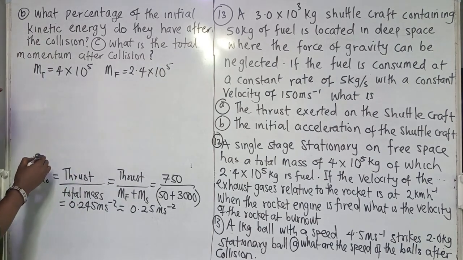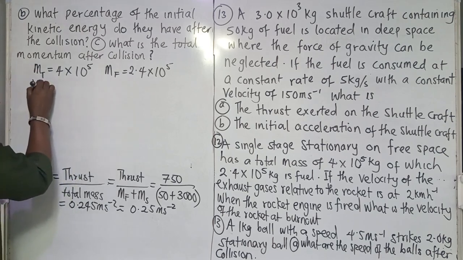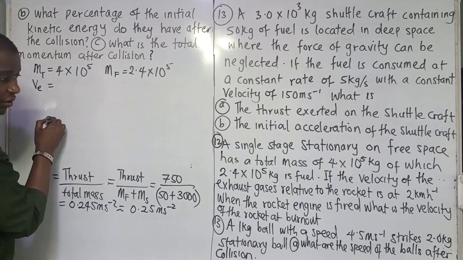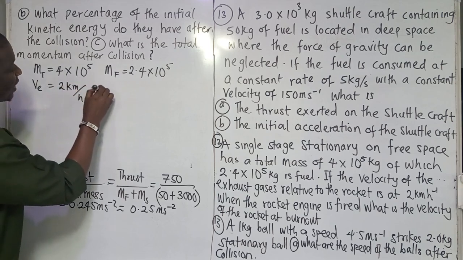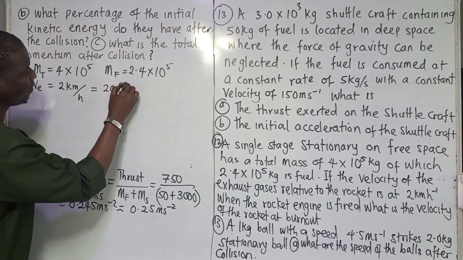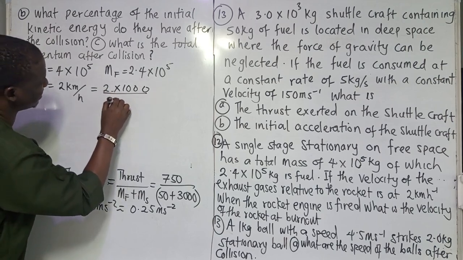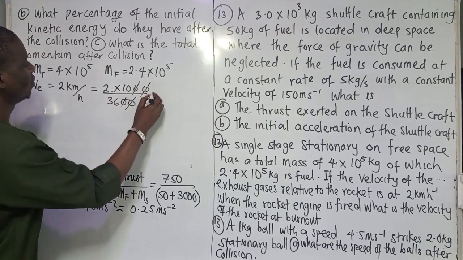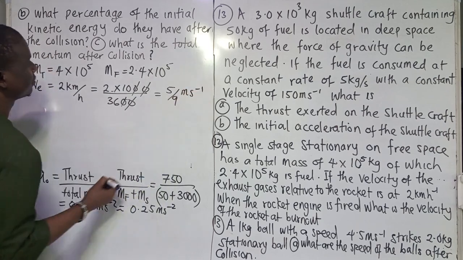Then we have the exhaust velocity, V subscript E, equal to 2 kilometer per hour. Let's convert to meter per second. We are going to multiply by 1000, then divide by 3600. So this one will cancel, so we have 5/9 meter per second.